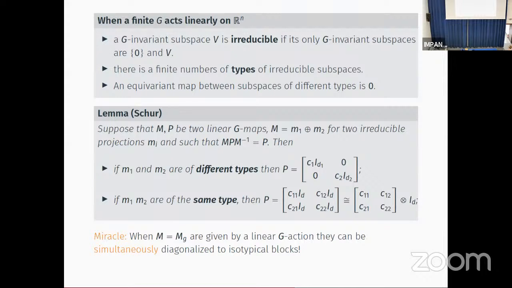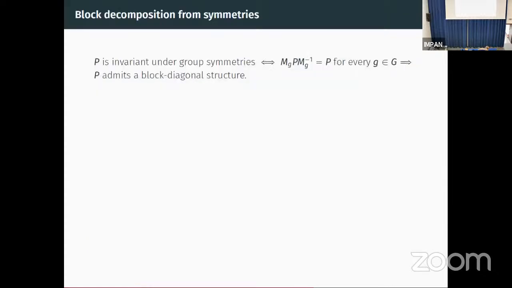So it's a picturesque description of the process that we are doing. So we have this invariant under group symmetries. So that means it's in this form for every G. So that means a block diagonal structure. So yeah, it's hardly visible, but this is our space. Okay?